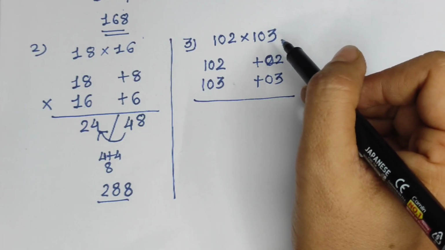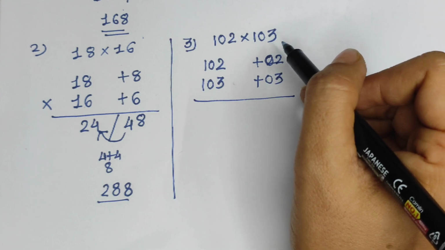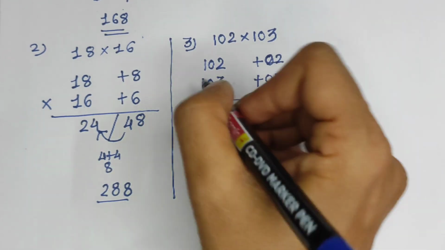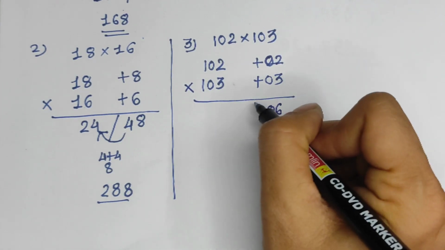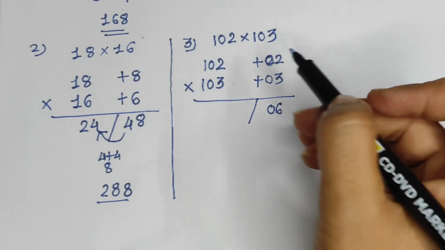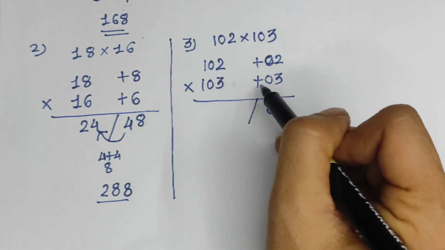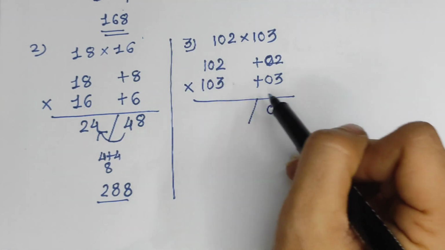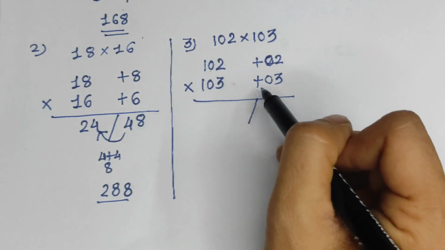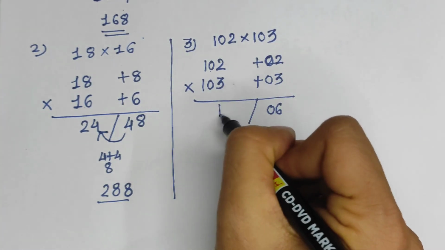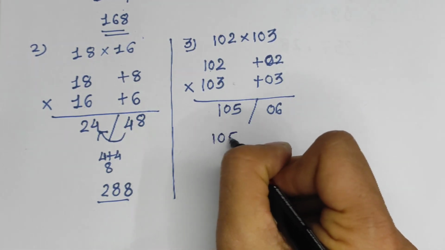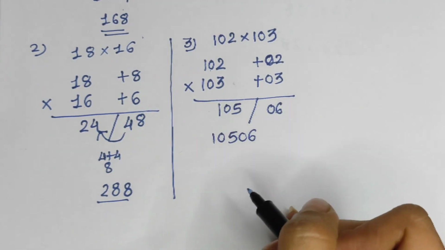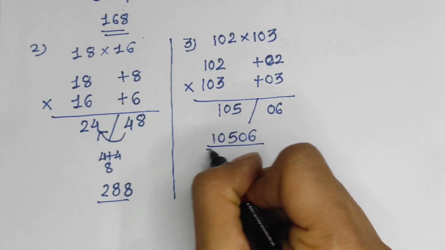The more digits in the numbers, the more zeros in the base. We do multiplication: 2 times 3 is 6, we get 06, and we do addition, because plus 03 is a deviation. 102 plus 03 gives 105. So we get easily the answer 10506, which means 10,506. This is the answer.